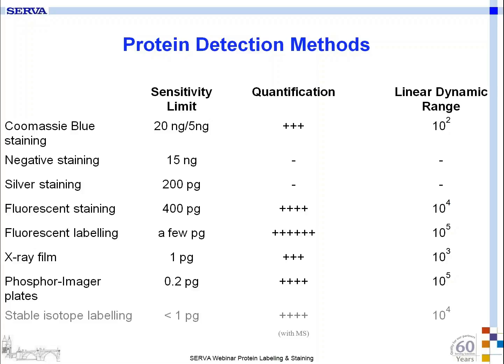and the linear dynamic range. So what does that mean? For example, you have the Coomassie blue staining. There you can detect proteins with a mass of 20 to 5 nanograms, depending on what kind of Coomassie you use. The 20 nanograms is the normal Coomassie staining. The 5 nanograms is the colloidal staining that is available. The quantification is okay.